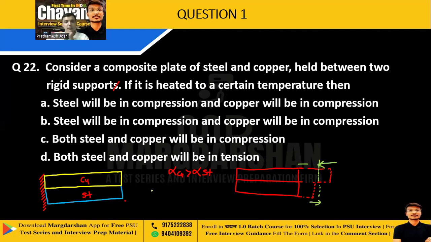So always remember the one with a higher alpha, compression, and lower alpha, tension. Just remember this funda. You will never get it wrong.